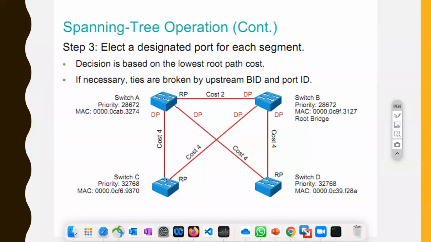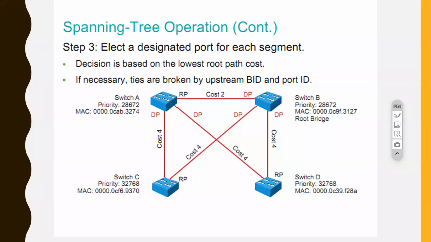For example, on this switch C, I said if you would have cost 2 over here. Or let me take pen. So if cost 2 is here, then which of the port will become your designated? Cost 2, or are we taking the correct example? We want to select a designated port.